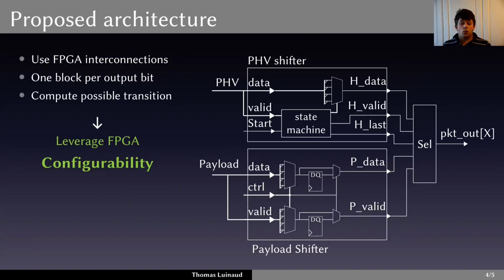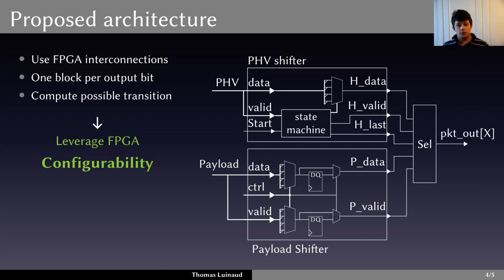So, what is our proposed architecture? Well, our architecture tries to leverage the FPGA configurability, meaning that when you change your program, you reprogram the FPGA. This architecture is based on the idea that we should assign to each output bit of the packet a different state machine and a block that will determine which bit should be assigned to an output bit.